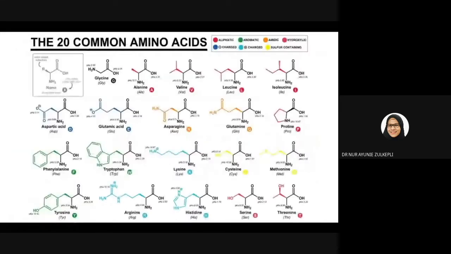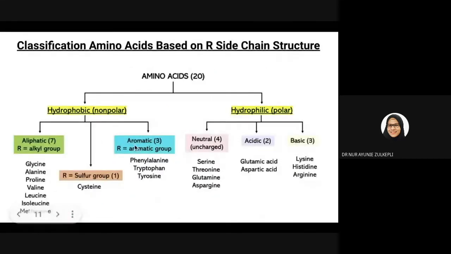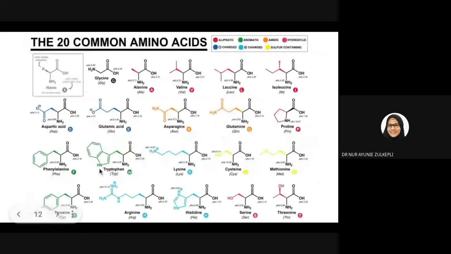Okay, first, this is the structure of the 20 common amino acids. You can see different types, like tryptophan here. Tryptophan has an aromatic group, an aromatic ring present in the R side chain that is attached to the chiral carbon, the alpha carbon of the amino acid.